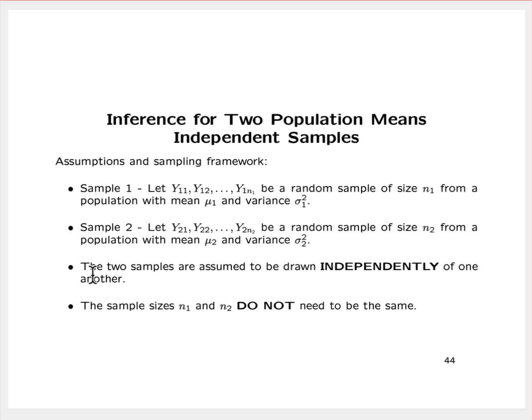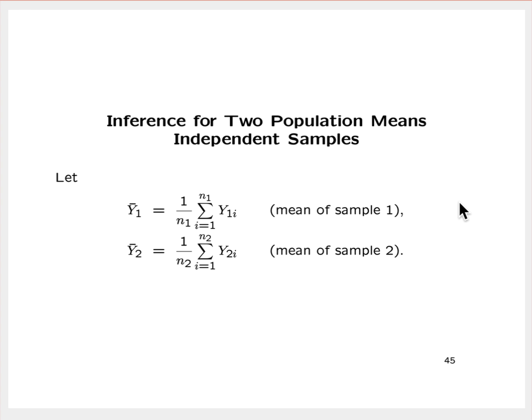And then finally, not only are the observations within a sample independent, but the two samples are independent themselves. So sample 1 and sample 2 are independent of each other. And so we will let y bar 1 be the mean of sample 1, y bar 2 be the mean of sample 2.